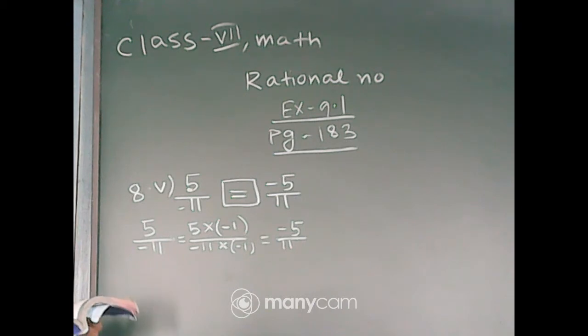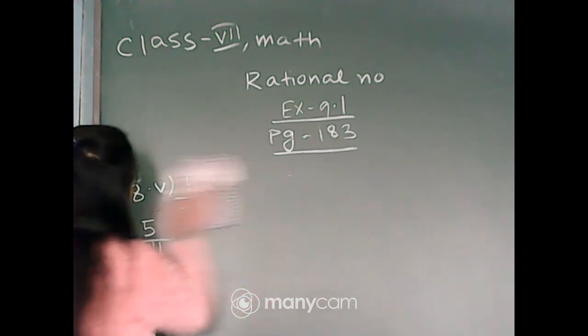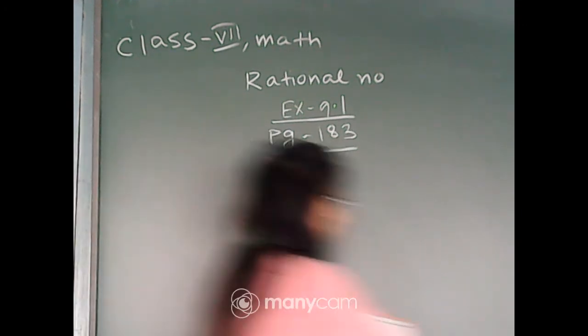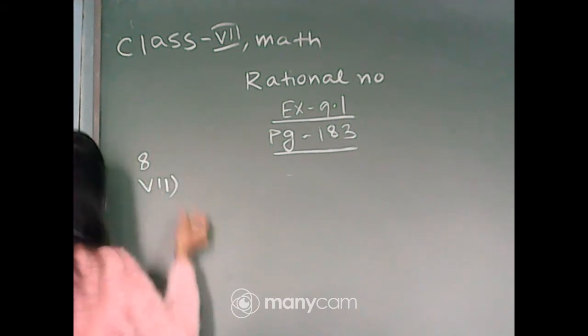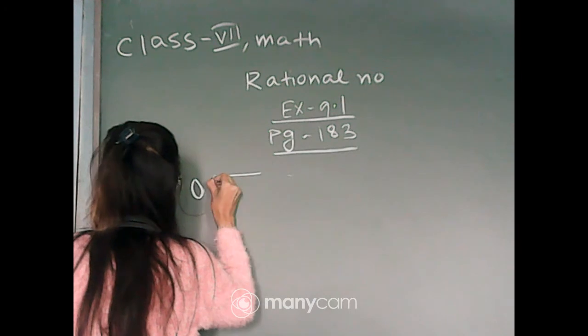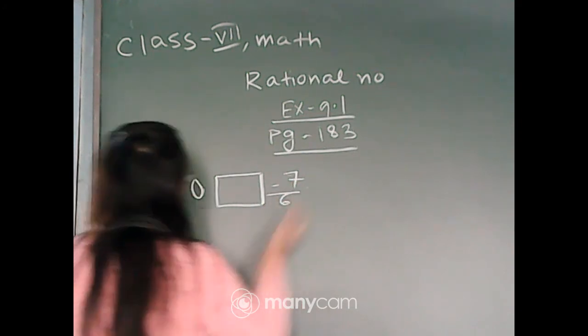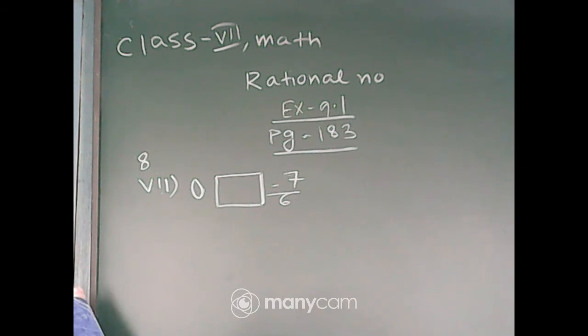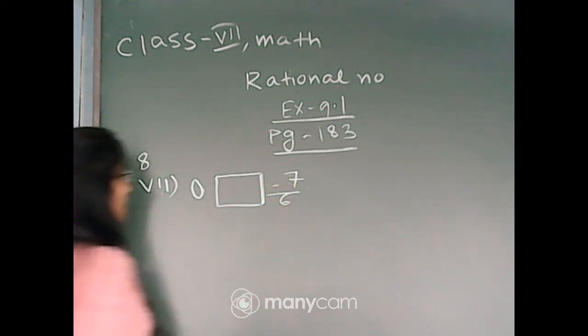Next, question number 7 of 8. We already discussed that 0 is neither a positive nor a negative rational number, but here the numerator is negative, so this is a negative rational number.